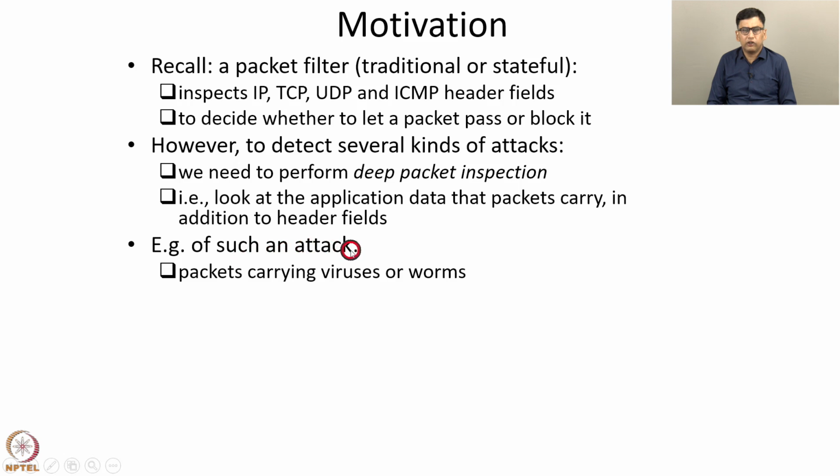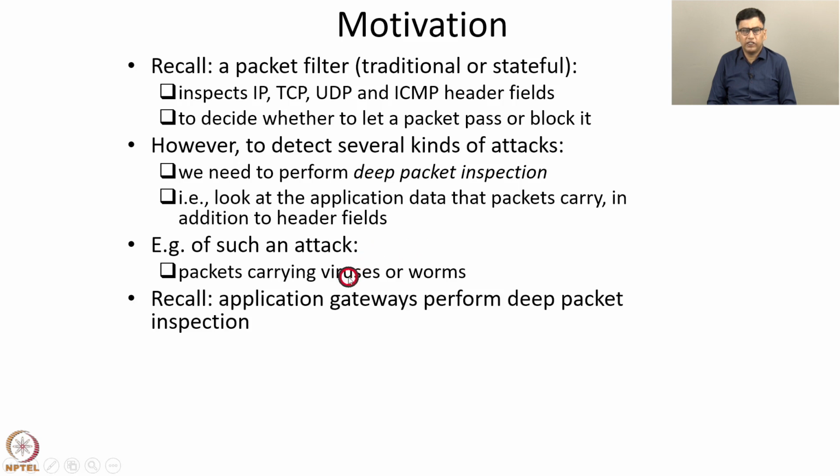This virus or worm data is in the application part of the packet, that is, in the payload of the packet. So, to detect that the packet is carrying viruses or worms, we need to look at the application data in the packet, and that will tell us that there is some malicious information in the packet. Looking at the header fields will not tell us the packet is malicious.